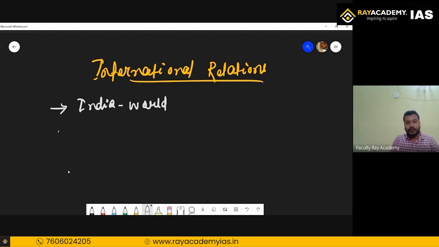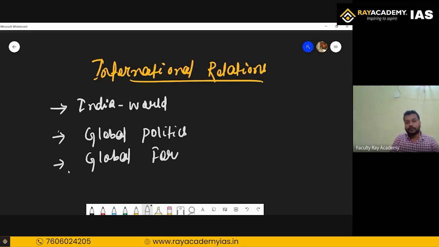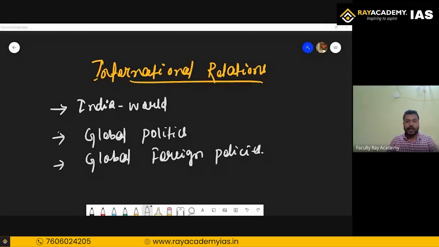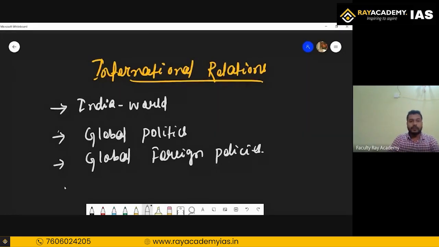There are many other things like global politics, global foreign policy. So you can say that out of the entire international relations, according to your syllabus, specifically India and the World, global politics and global foreign policies, and you can also say that Indian foreign policy is also one of the parts.